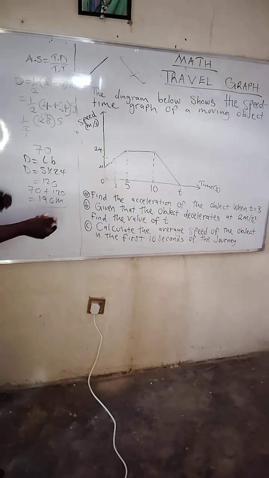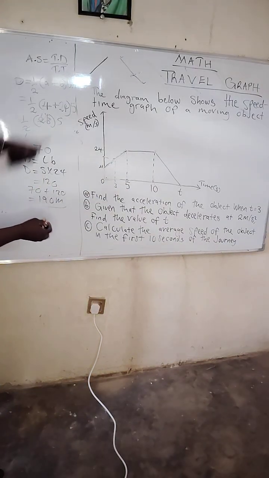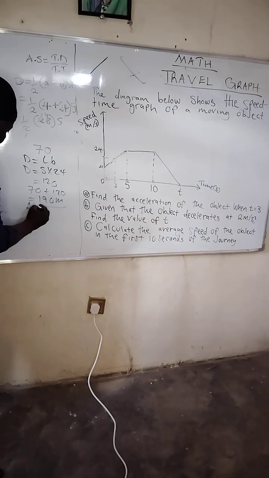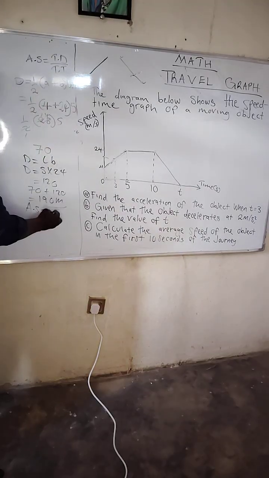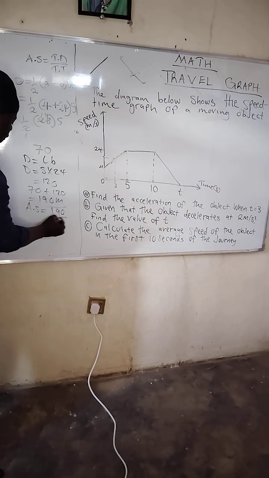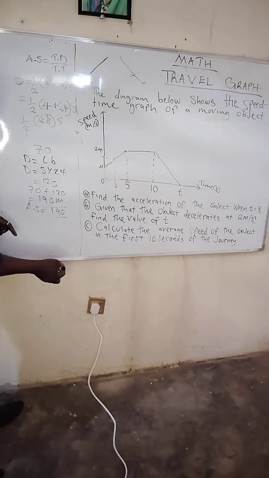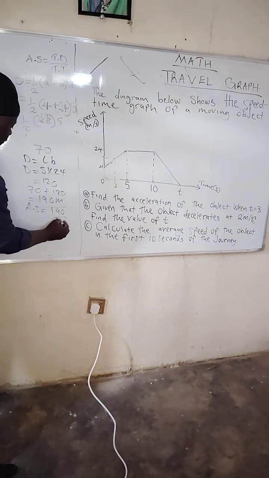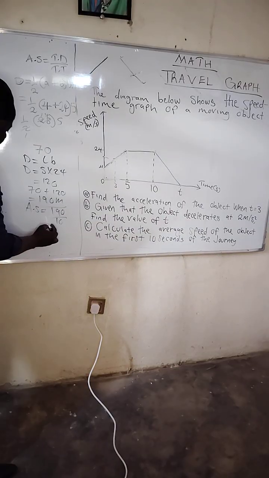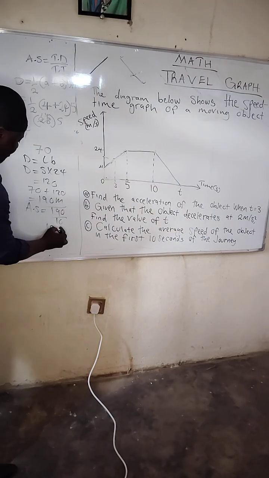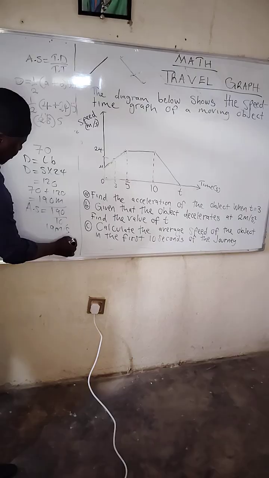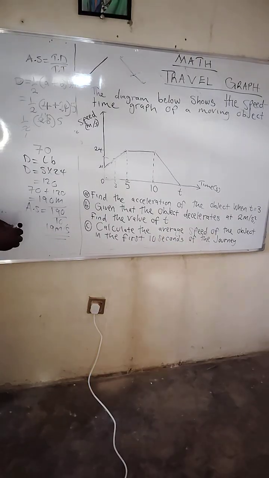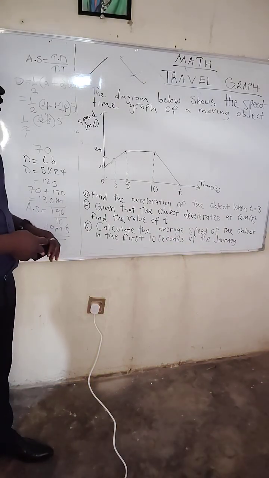But since it was average speed, go back to the formula. Average speed is equal to total distance, 190, over time. Time was in the first 10. So 10 into 190, 19. Speed units is this. So this is the end of this question.